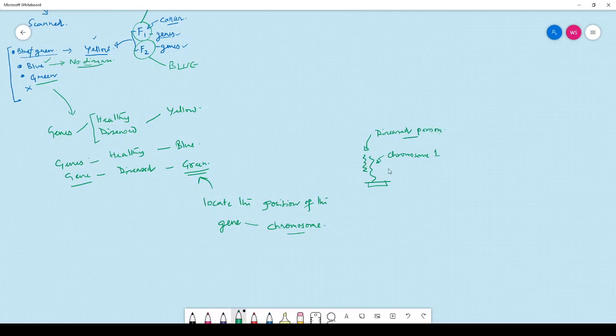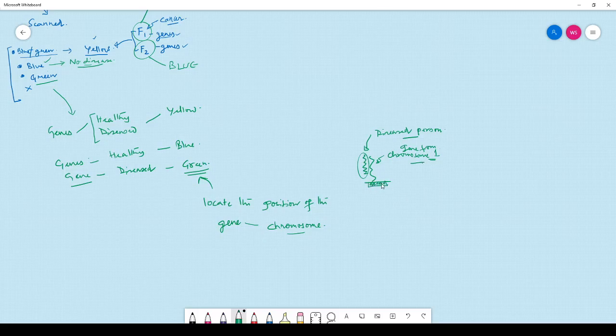It has hybridized to the gene from chromosome 1. So we say that this gene is located at chromosome 1.